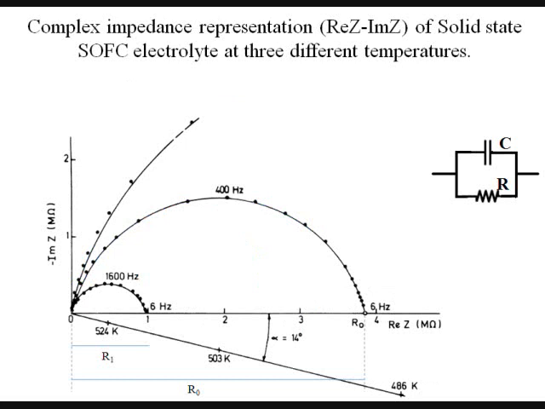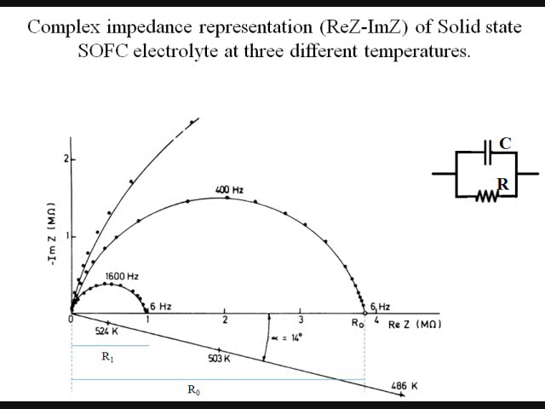Here, the complex impedance representation of a solid state SOFC electrolyte at 3 different temperatures is shown. Intersection of the circle with the real axis allows the DC resistance R0 of the sample to be determined at the temperature in question.